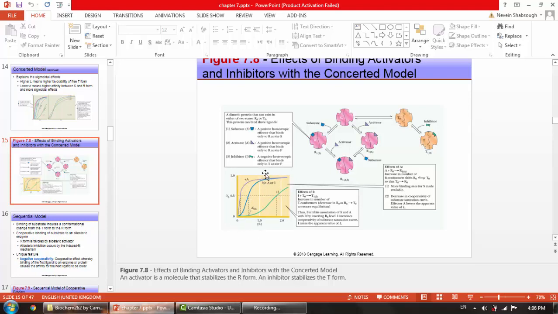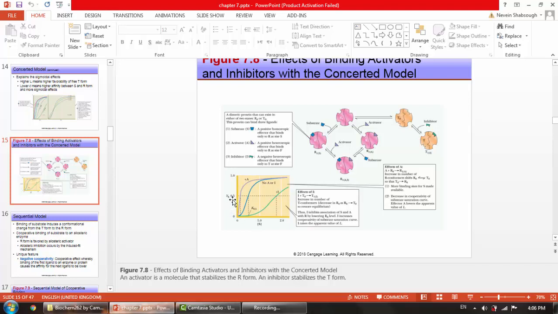Now, if we look at this plot of Y versus substrate concentration, notice in the presence of no activator or inhibitor, there is a sigmoidal type of curve. When we add the inhibitor, as I said before, the curve becomes more sigmoidal and shifts to higher substrate concentration, whereas when we add the activator, the curve becomes less sigmoidal, more hyperbolic.